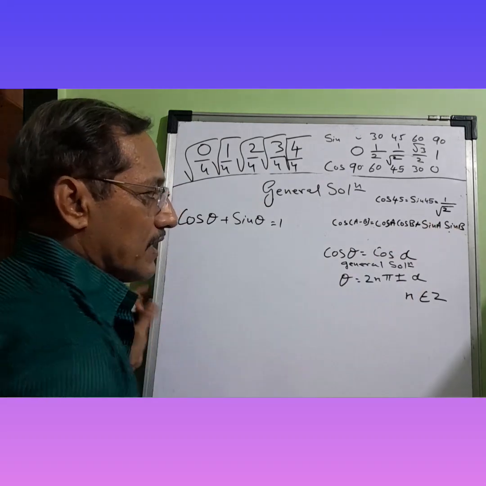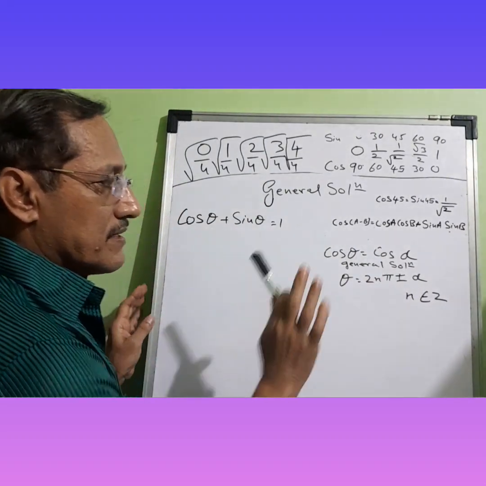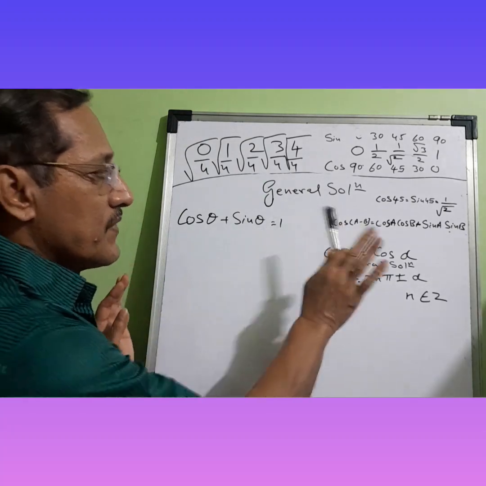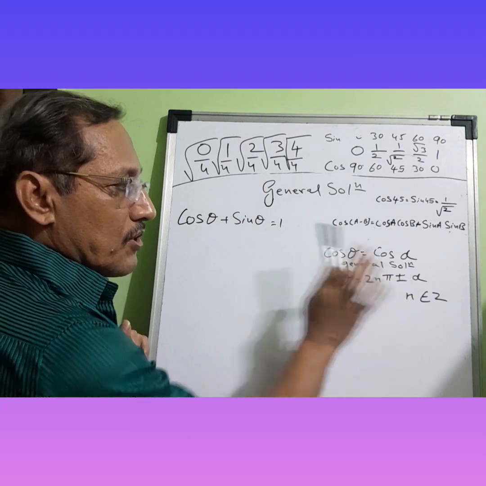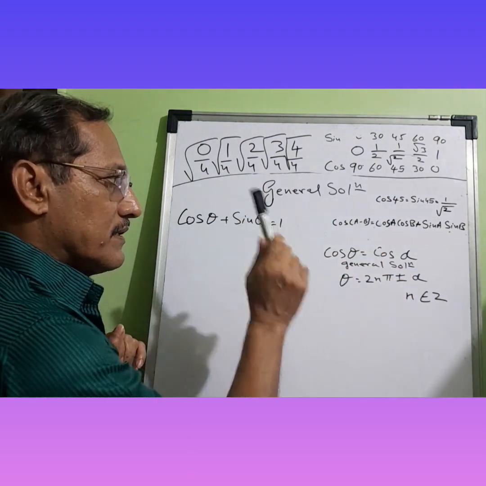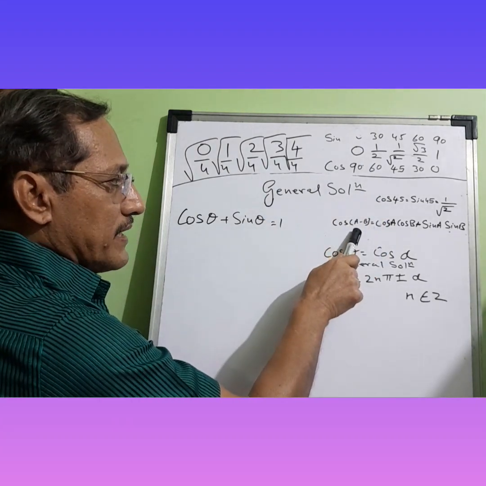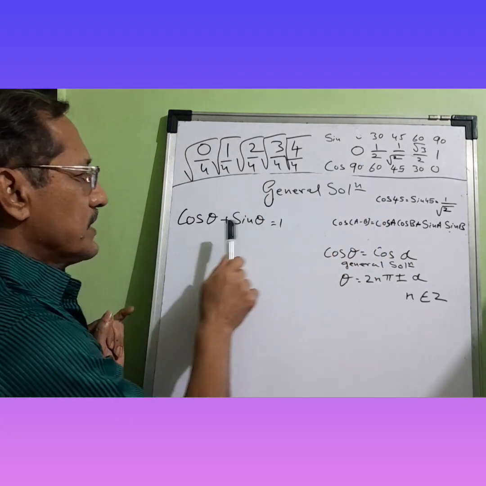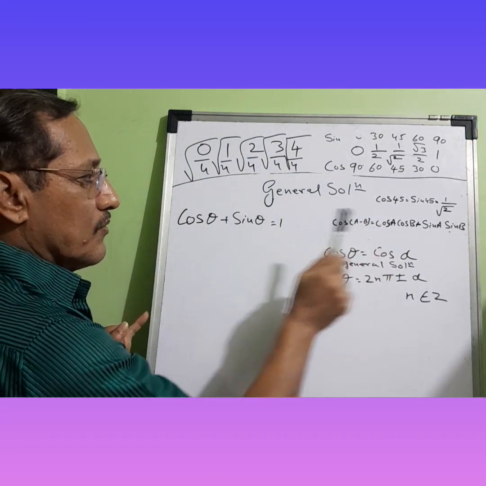Now we are not concerned with this formula right now, because see, our mission is what? Our mission is to get this equal to this. Keep that aside for a while. Also, cos theta is equal to cos alpha is one thing, and the general solution would be this. So this is what we have got to apply. Now see, we already have cos theta over here and sin theta over here.